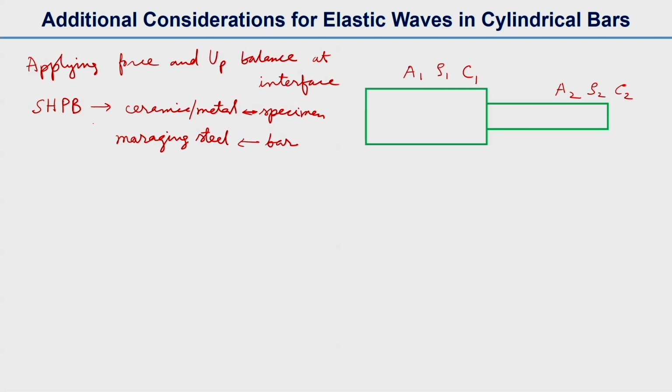As we remember from our earlier lectures, sigma transmitted by sigma incident is equal to twice rho b Cb divided by rho b Cb plus rho a Ca, where rho multiplied by C is the sonic impedance.